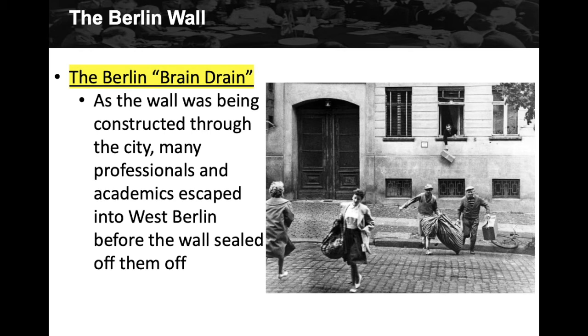They're smart. They fled, and so it drained the brain power, if you will, of the East Germans. And there's just a picture of some people basically trying to get into West Berlin.